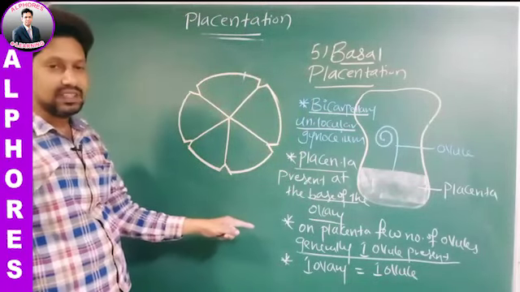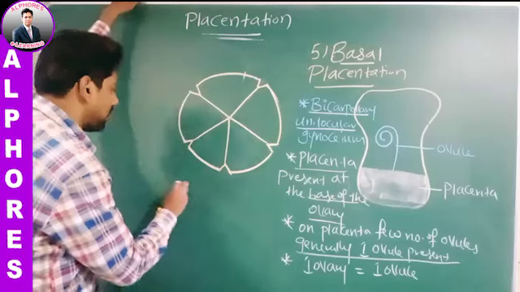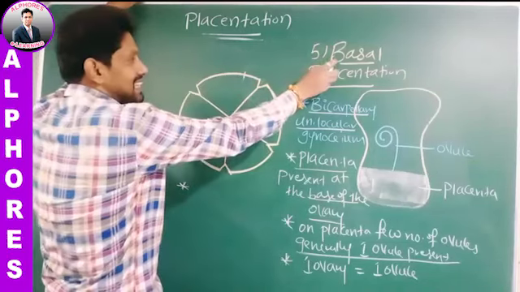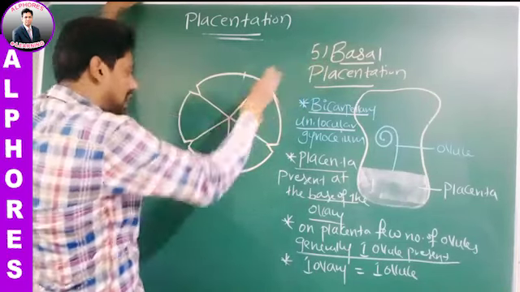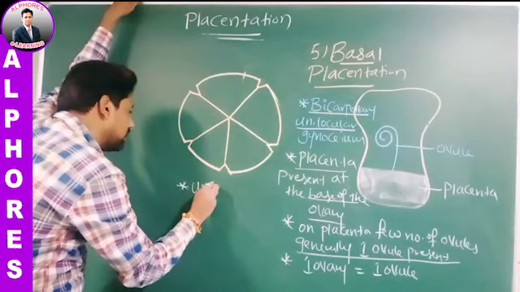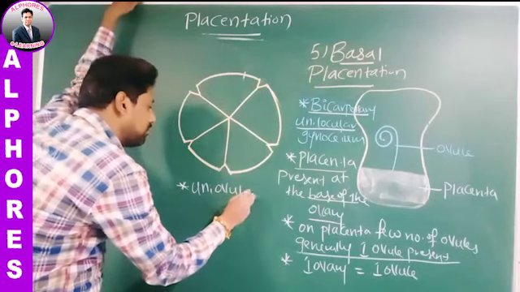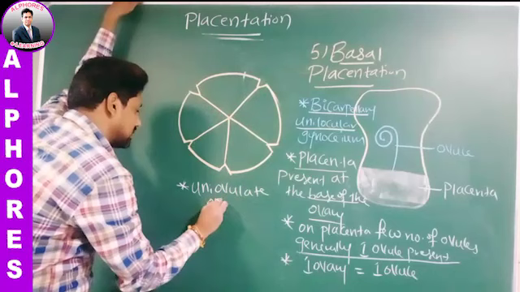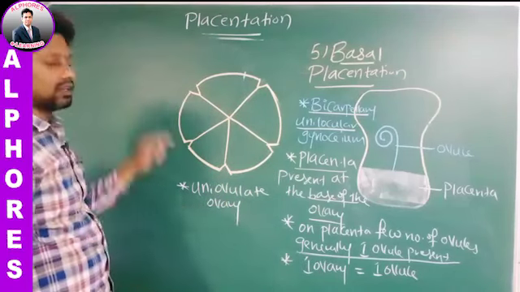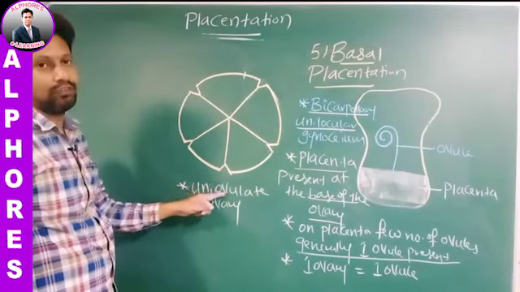One ovary is equal to one ovule. It means in basal placentation, a uniovulate ovary is present. Uniovulate ovary means an ovary with one ovule.